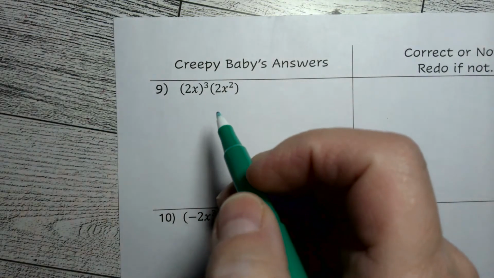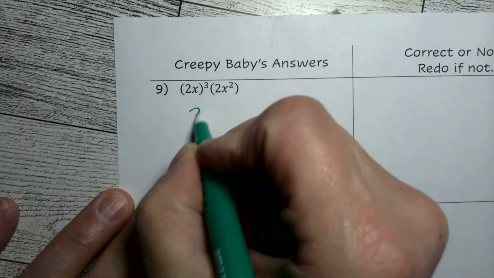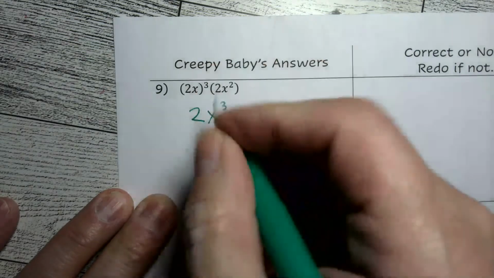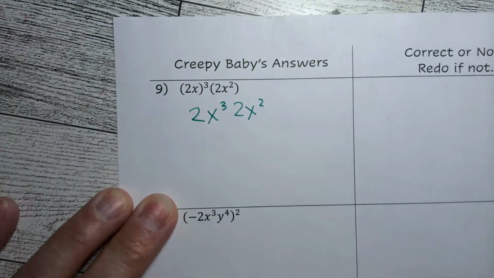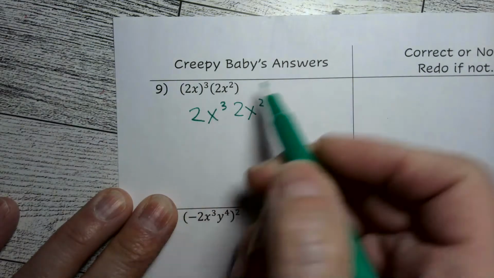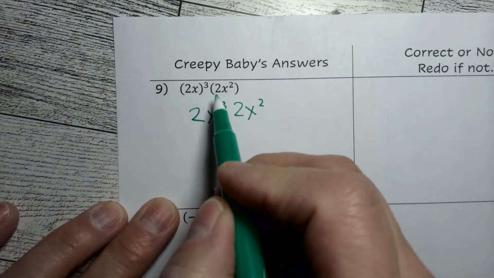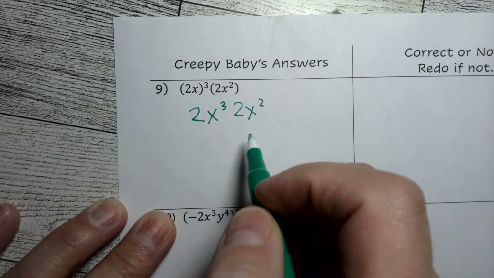This is what Creepy Baby did. I'll write out her work for you. You need to try to find the mistake. So she took this problem, which is 2x cubed, the quantity is cubed, multiplying that times 2x squared. This is her first line of work.